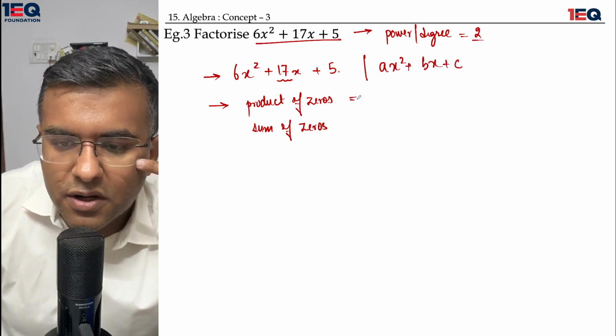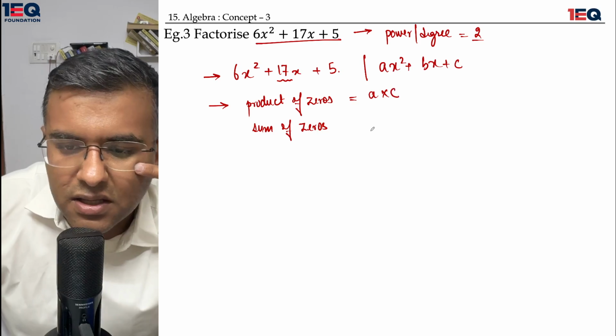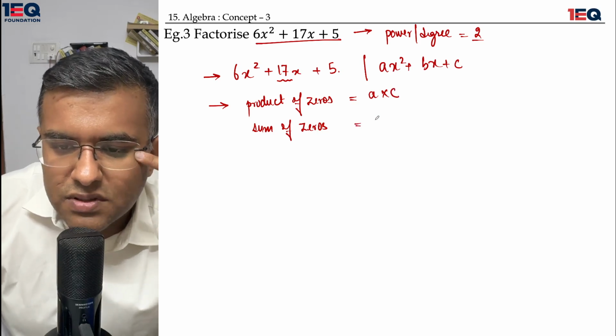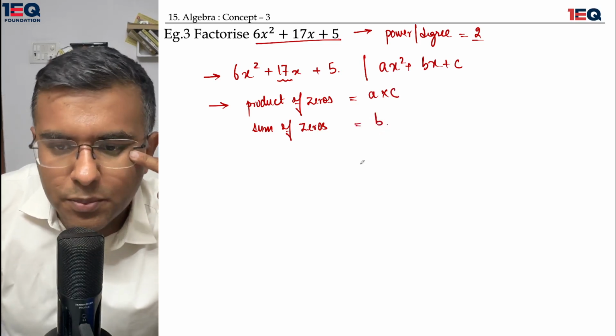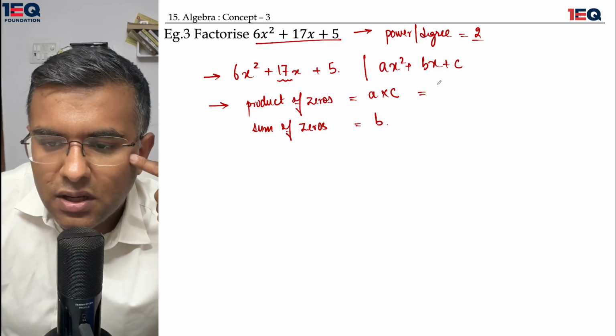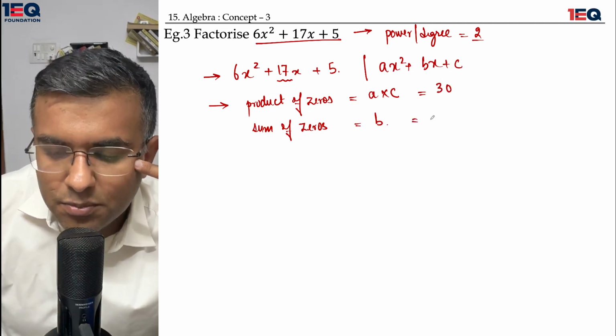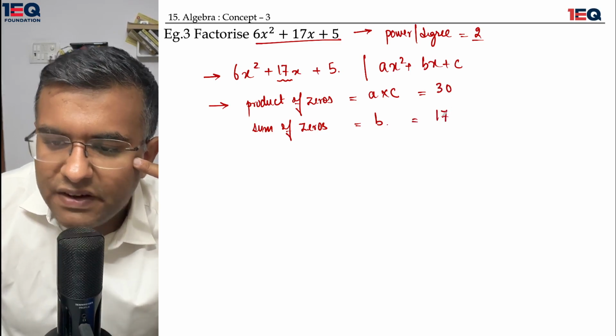The product of zeros is equal to a multiplied by c, and the sum of zeros is equal to b. So when I multiply a with c according to this equation, I get the value of 30. And the value of b is equal to 17.